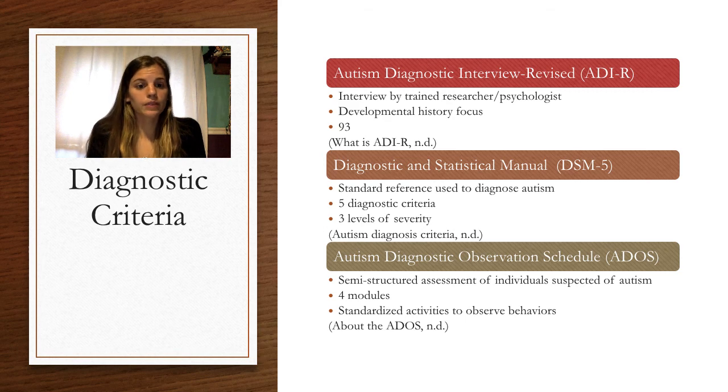The third is symptoms must be present in the early developmental period. The fourth is symptoms cause clinically significant impairment in social, occupational, or other important areas of current functioning. The final one is disturbances. Disturbances are not explained better by intellectual disability or global developmental delay.